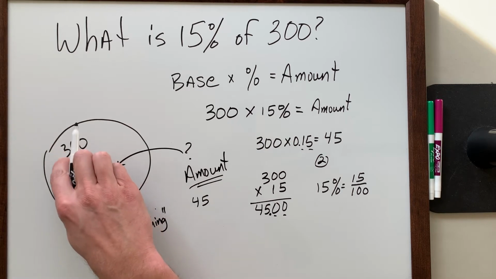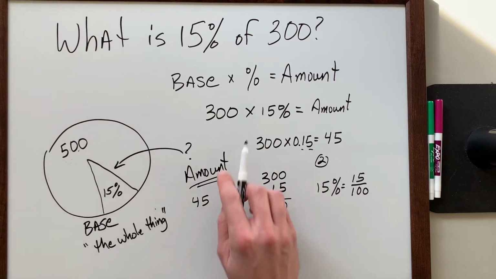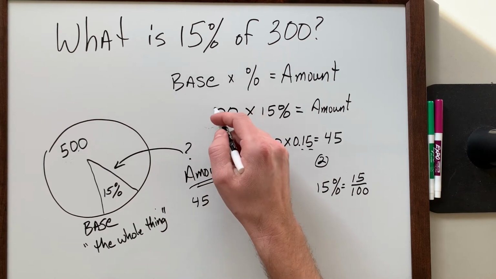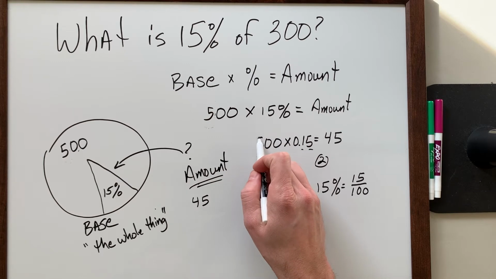Watch how this problem changes if I do 500. Okay, I still have 15%, but my base, the whole thing, is now 500. And so if I go here and change this to 500, then this changes to 500.